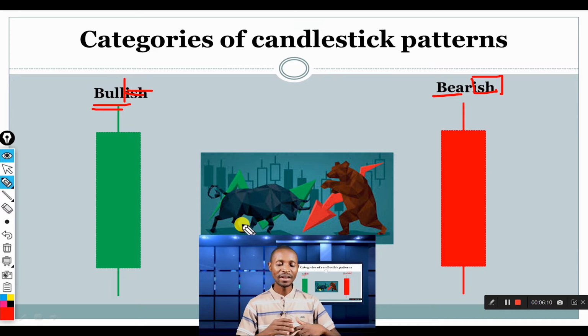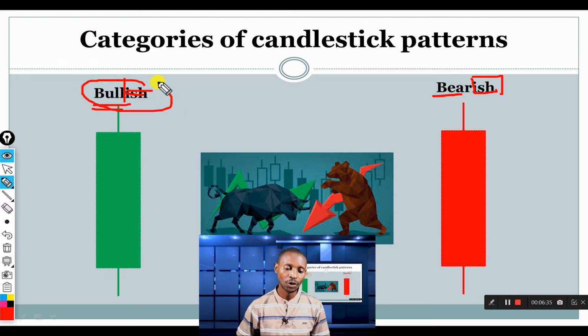When bulls are fighting, they want to push something up, whether a person or something else. Therefore it stands for buyers, a group of traders who want to push the market up. That is where the word bullish came from.